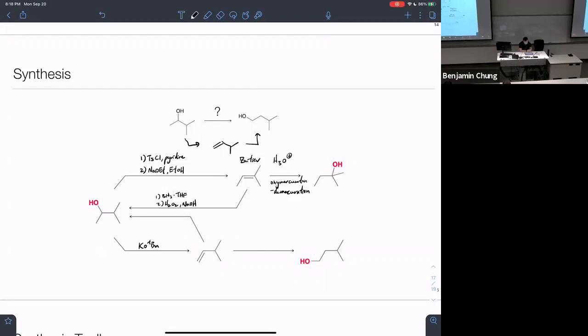But we can't react this directly with the alcohol. We have to turn the alcohol into a good leaving group first. So in fact, the elimination is our step 2. Our step 1, what is our step 1? Yeah, we want to tosylate that. We want to turn that into a good leaving group first before we do the elimination reaction.